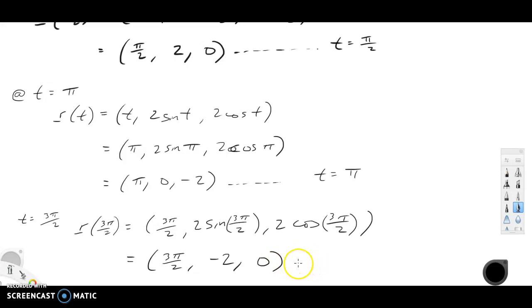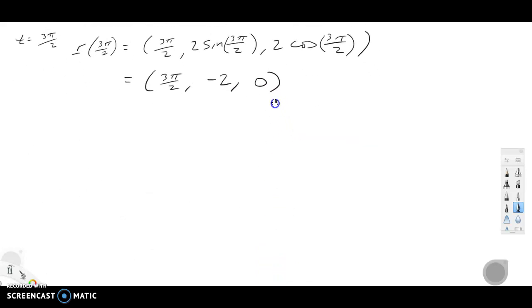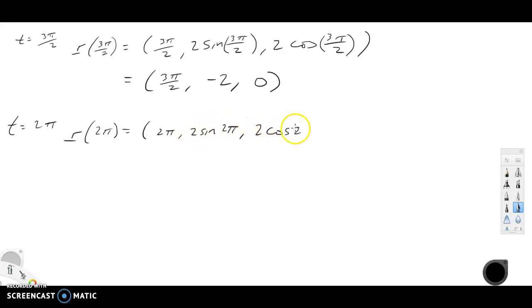And finally, we have time equals 2 pi. Just going to be the same technique again. So when t equals 2 pi, the position of the particle is going to be 2 pi on the x-axis, 2 sine 2 pi on the y-axis, and 2 cos 2 pi on the z-axis.